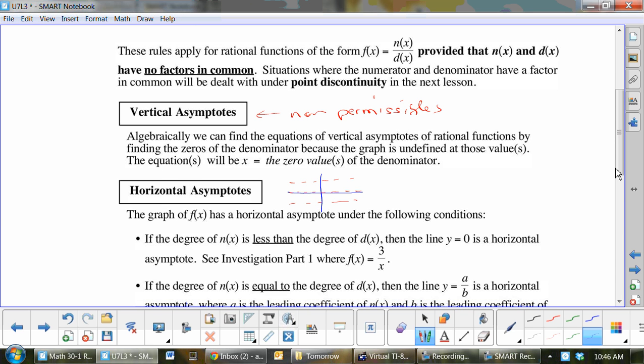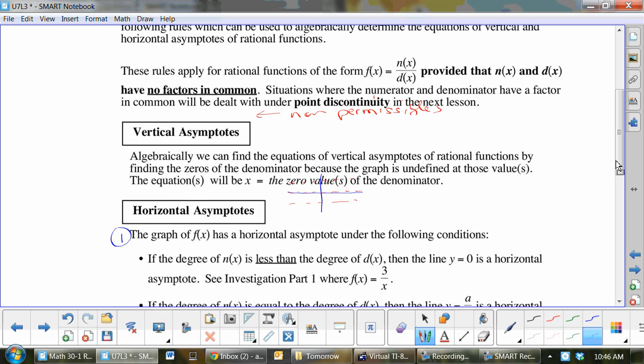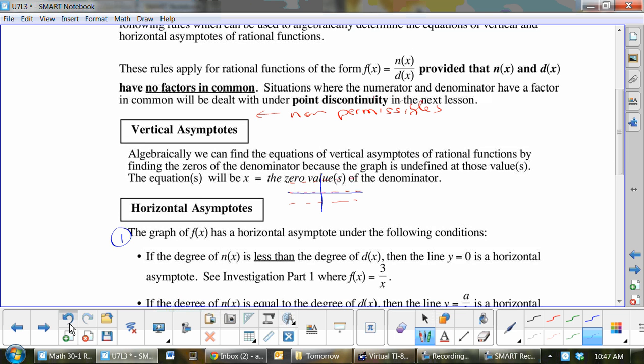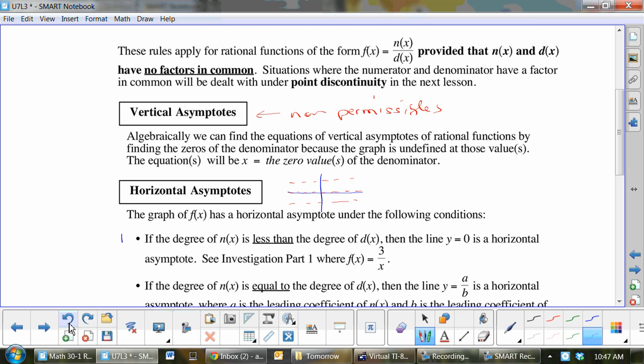The first one is if the degree of n of x, where n of x stands for the numerator, is less than the degree of the denominator, it will have the line y equals 0 as the horizontal asymptote.